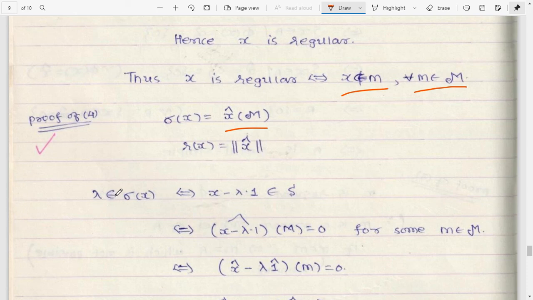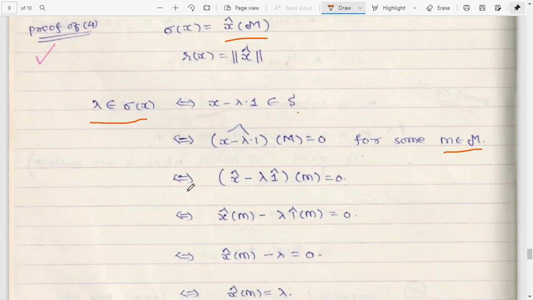Now lambda belongs to sigma of x if and only if x minus lambda times 1 is singular, if and only if x minus lambda times 1 belongs to M for some M belongs to script M, if and only if x cap of M minus lambda times 1 cap of M is equal to 0.